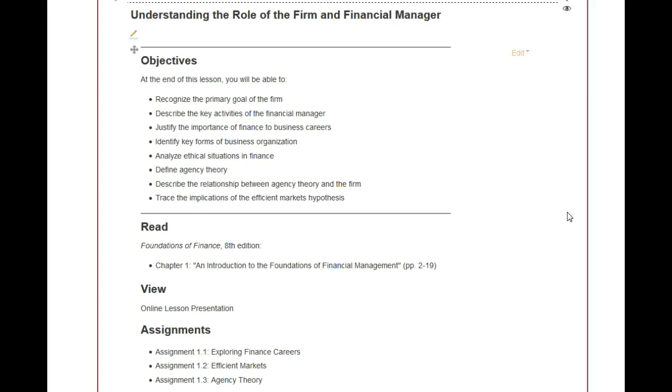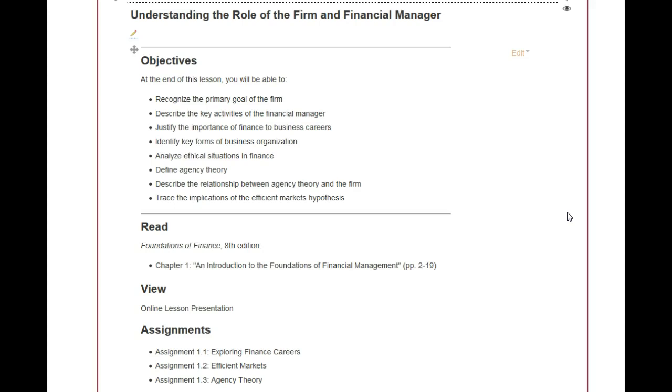The next key here is describing the key activities of a financial manager. The book does a really good job of that, I believe. It talks about the positions involved, but finance is throughout any business.